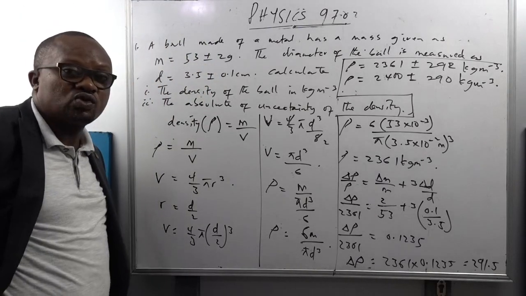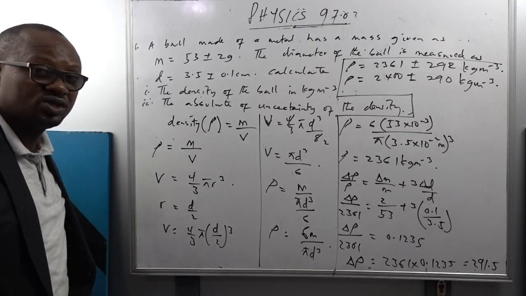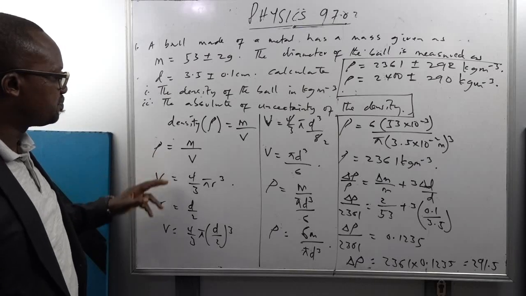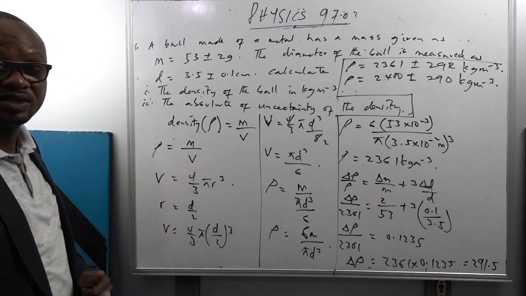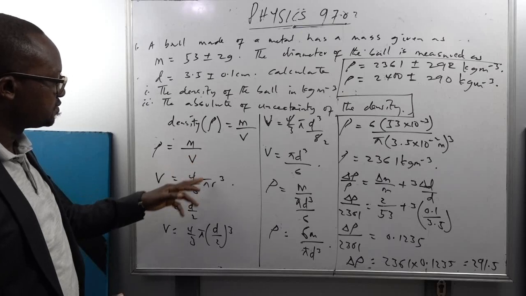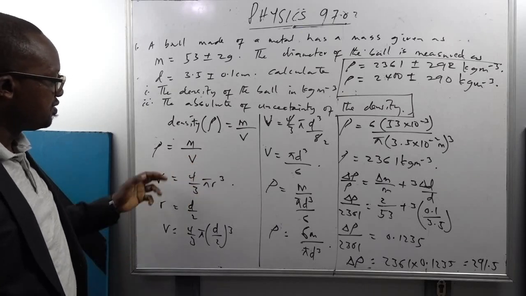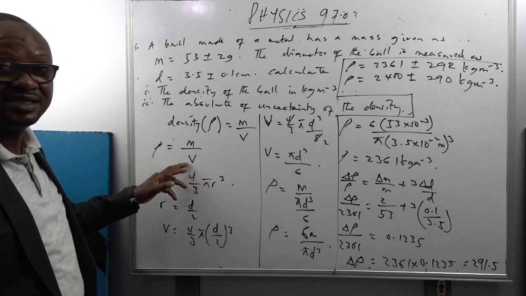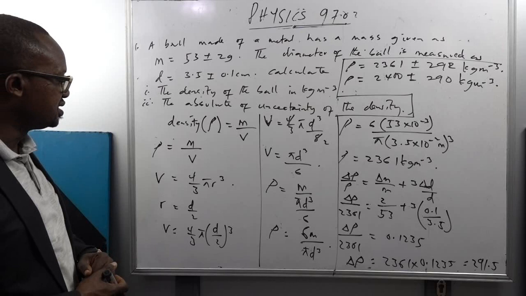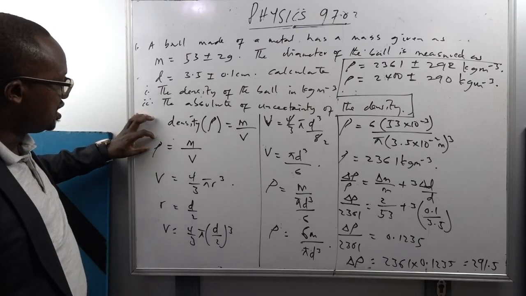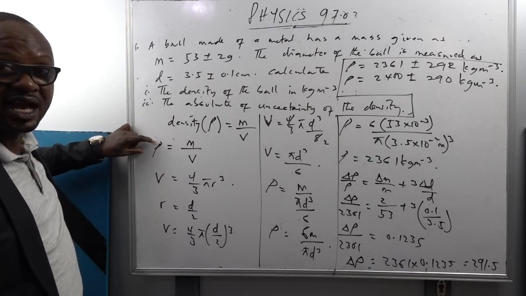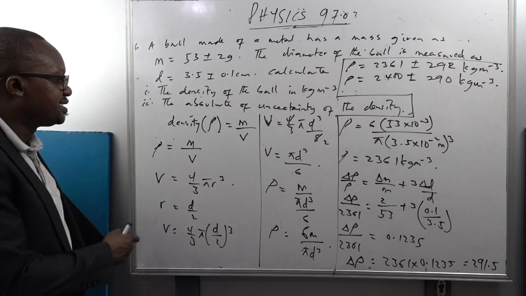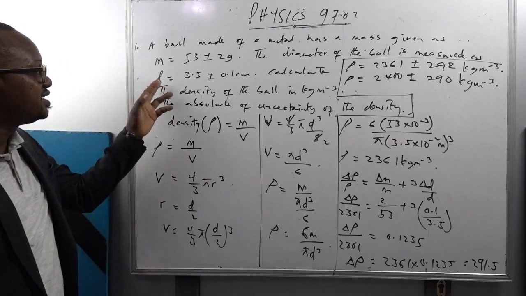Alright, before we go to the next question, what are the major highlights from these questions? The first highlight from this question is that if a reading is expressed in terms of another calculated reading, instead of you first finding the calculated reading and the uncertainty of the calculated reading, then using that to determine another calculated reading, it is easier for you to just express that calculated reading in terms of the given reading.